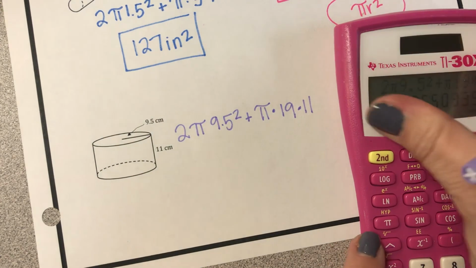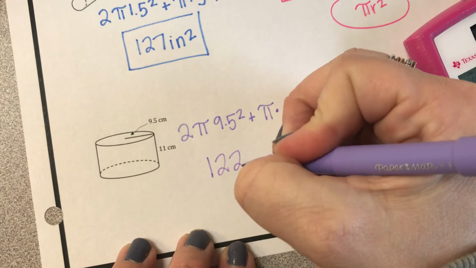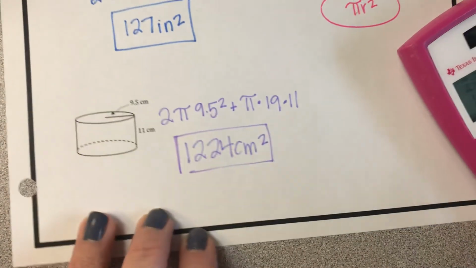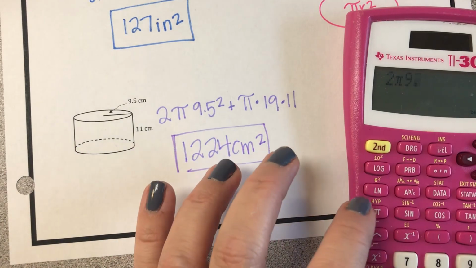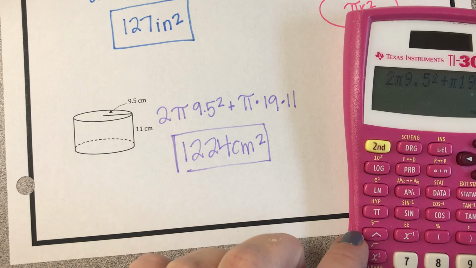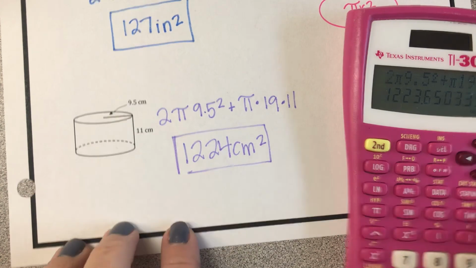Is the 6 5 or more? It is. So that's 1,224 centimeters squared. So 2 pi radius squared plus pi dh. Perfect. And there you go.